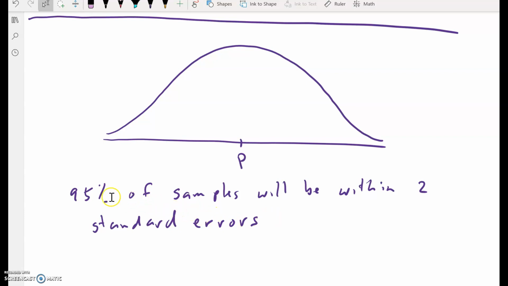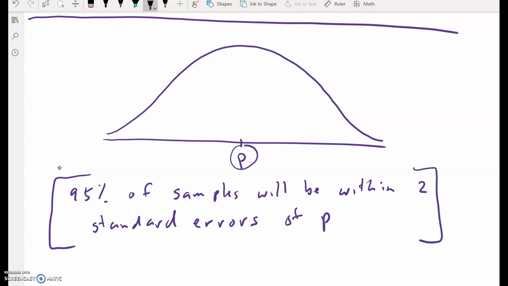So 95% of samples will be within 2 standard errors of P, the real percentage of the population. That's the whole point of doing a sample in the first place, to try to figure out what P is. This is a very, very powerful statement. All we have is a sample, but we know that the sample is close, and we can quantify how close: 2 standard errors close, at least 95% of the time.